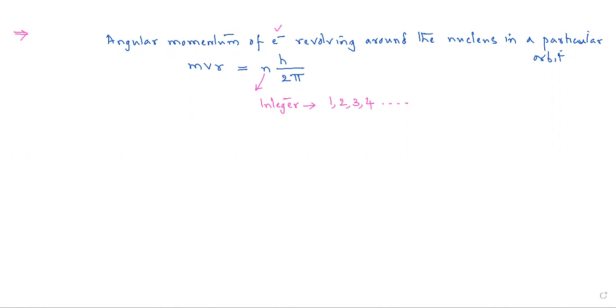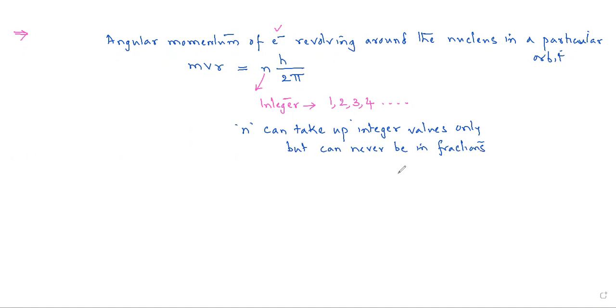This, of course, is called Bohr's quantum condition, because here n can take up integer values only, but n can never be in fraction. I mean, it cannot be like 1 by 2, 2 by 3, 3 by 4 like that. This is what is called Bohr's quantum condition.